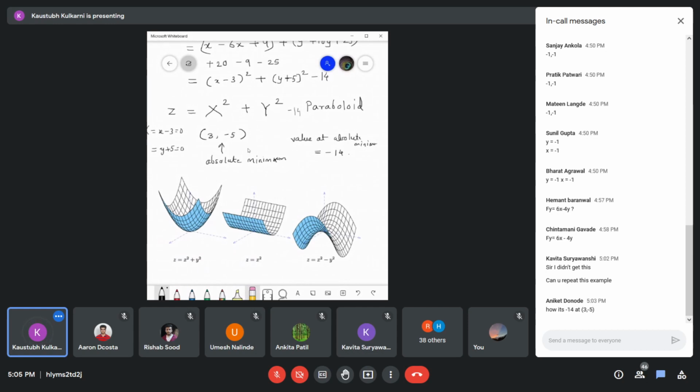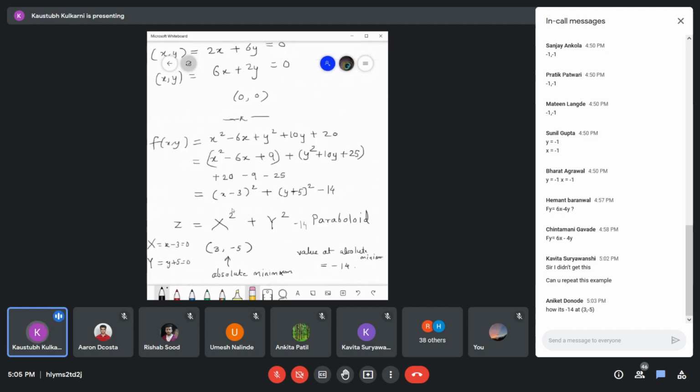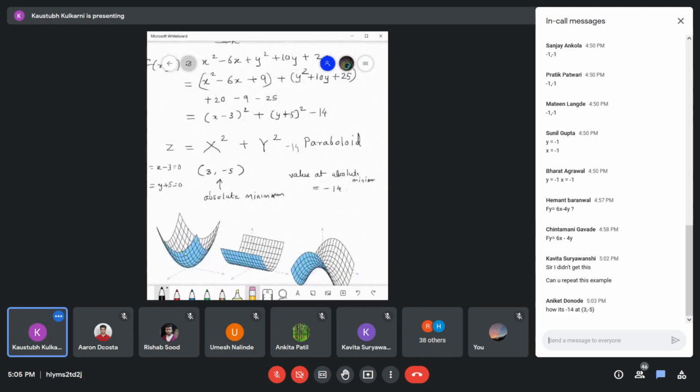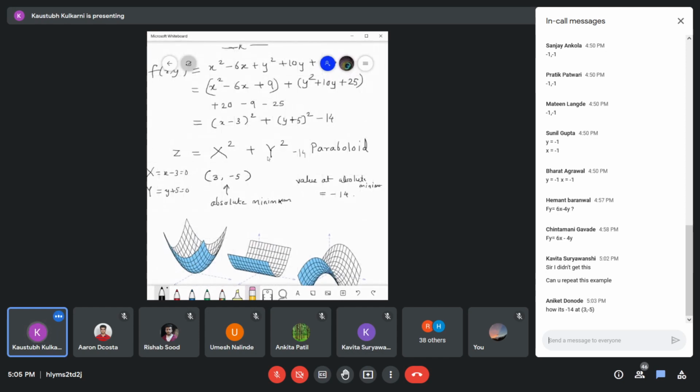Okay, so if you can bring your function in this form such that it is x terms square plus y terms square, then you can write the x terms, x minus 3, as a capital X, and y plus 5 as a capital Y, and it is of the form of a paraboloid, and the minimum point is at capital X equal to 0 and capital Y equal to 0.